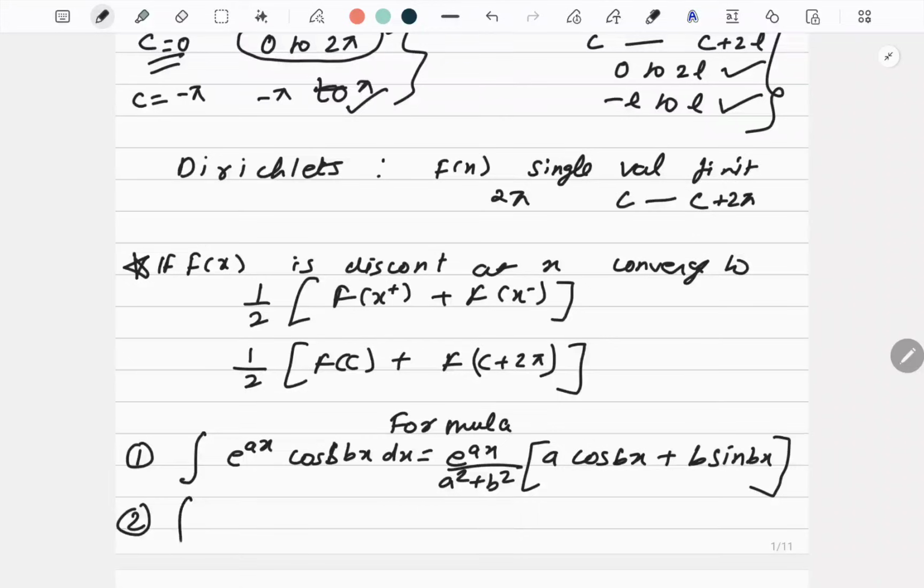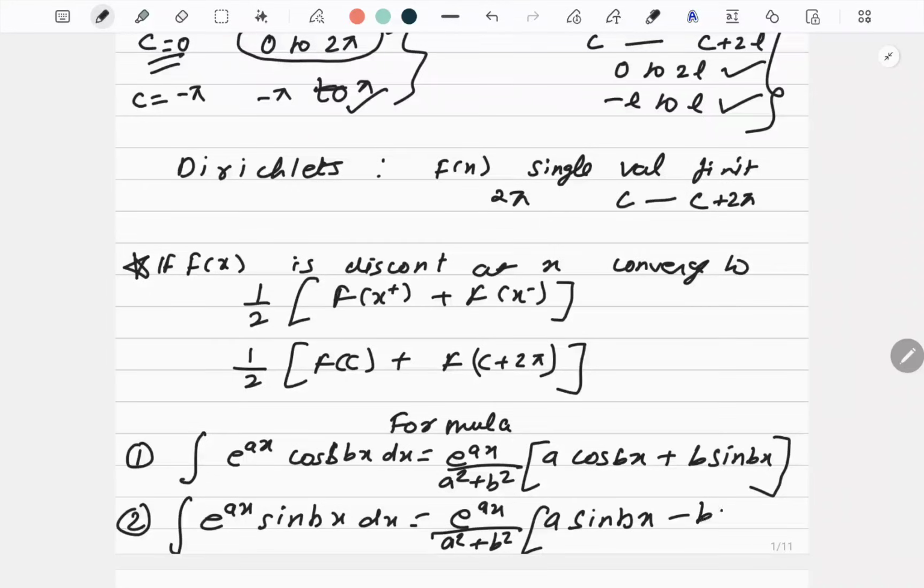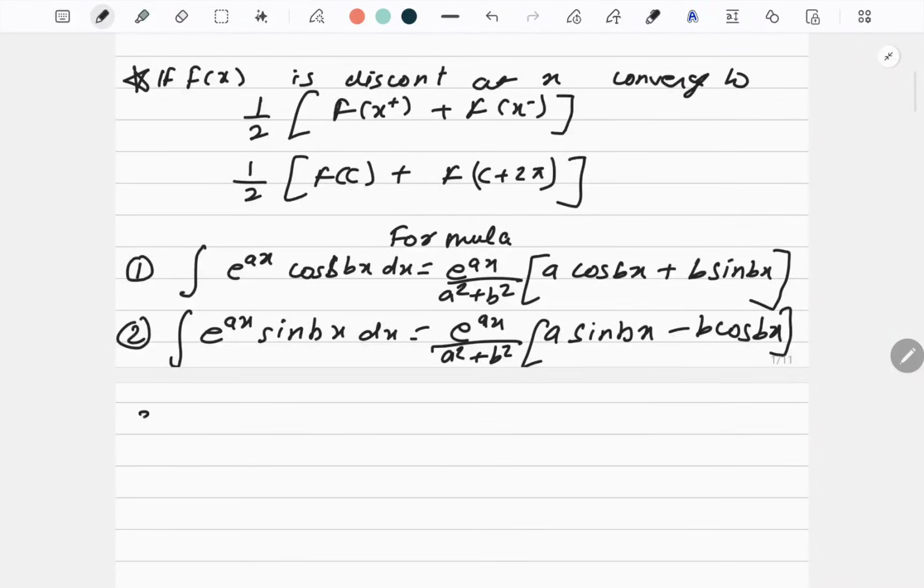Okay. Second formula, the integral of e^(ax) sin bx dx, which you have done in 12th grade, is equal to e^(ax)/(a²+b²) times (a sin bx − b cos bx). Correct? Now third formula, this you have also done.